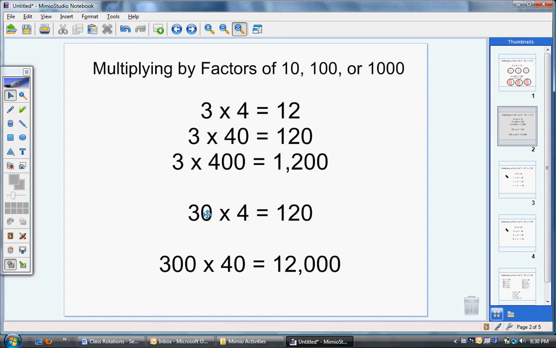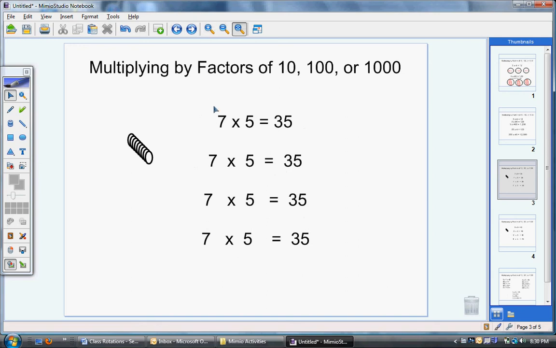Now the same happens if I add the zero to the first factor. It doesn't matter where the zero gets added into the factors. It's just the fact that I multiply by 10, I added a zero, so to balance out, I needed to add a zero over here. Count how many zeros I added over here. 1, 2, 3. Notice in my answer I added 1, 2, 3 to keep it balanced out.